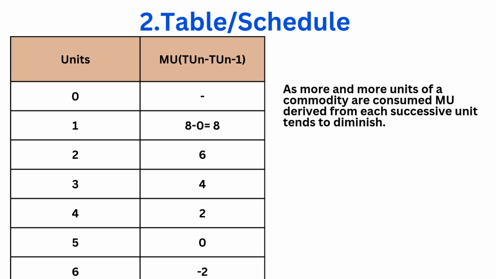In the table, we can clearly see that as the units of the commodity increase from 0 to 6, the MU declines from 8 to minus 2. So as more and more units of a commodity are consumed, the MU derived from each successive unit tends to diminish.